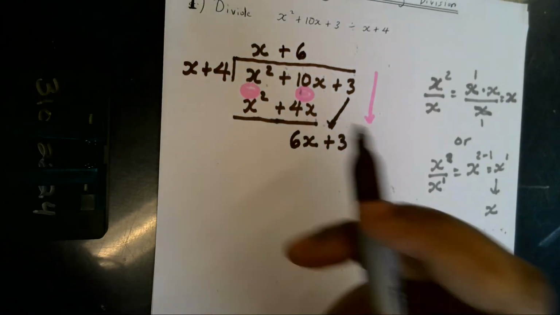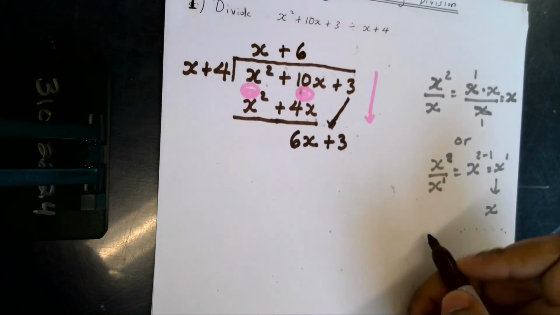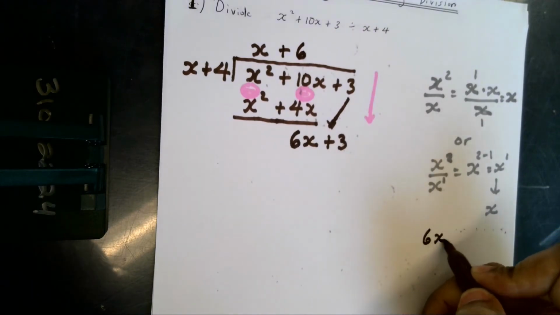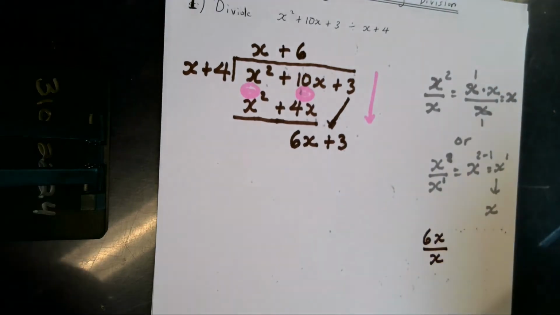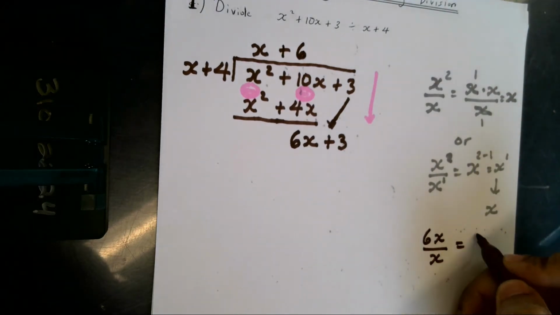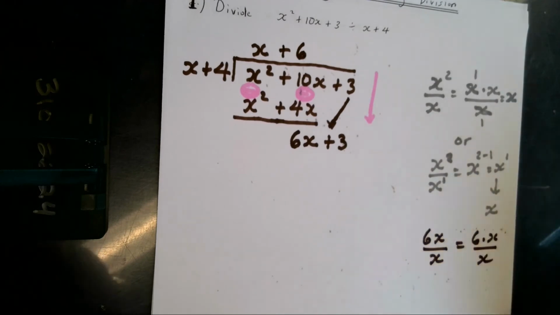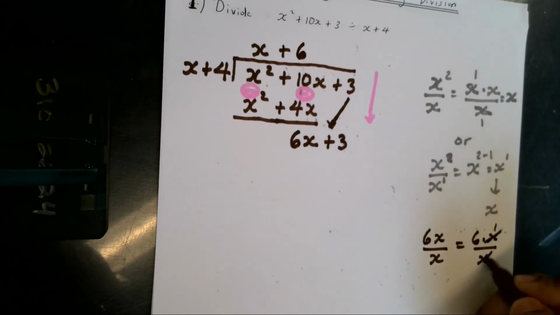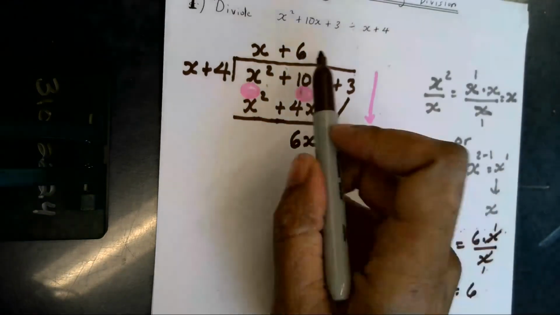And when I say x into 6x, I mean 6x divided by x, and that is 6 times x over x. The x's cancel, and you're left with 6. That's how we got our 6 right here.